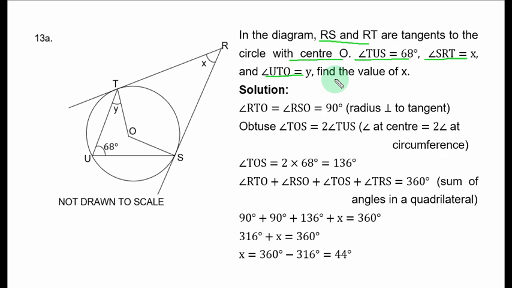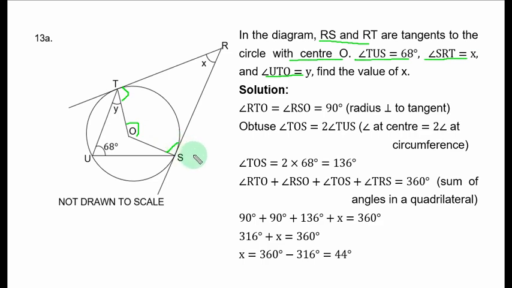Solution: to get the value of S, you just need this angle, you need this angle, and you need this angle. If you add the 4 angles, the sum is 360 degrees. Sum of angles in a quadrilateral.